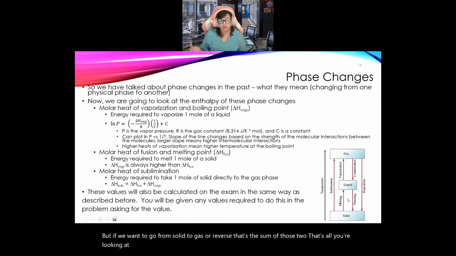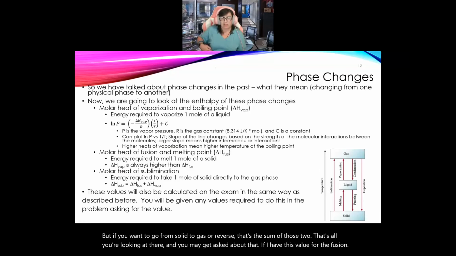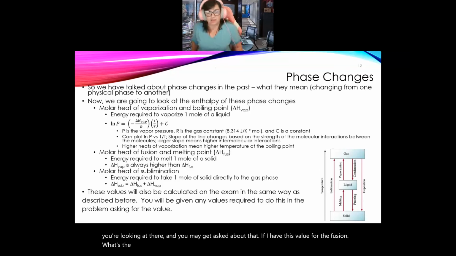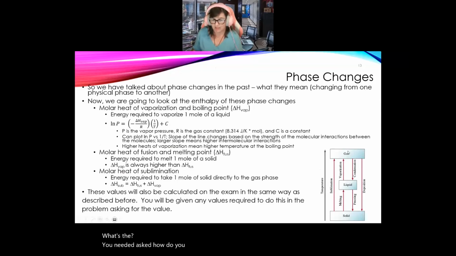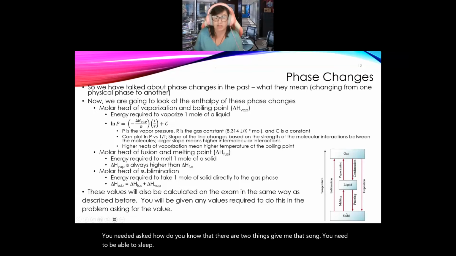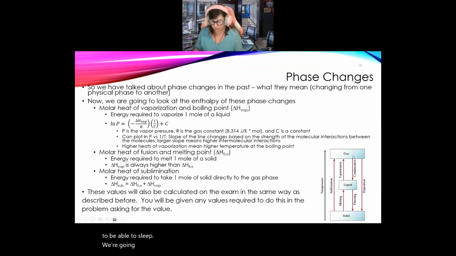If I have this value for the delta H fusion, and I have this value for the delta H vaporization, what's the value for the delta H sublimation? You may get asked, how do you know that those two things give you that sum? And so you need to be able to explain to me how you know that the solid going to the gas is equal to the solid going to the liquid plus the liquid going to the gas.